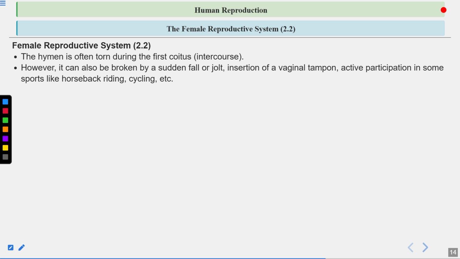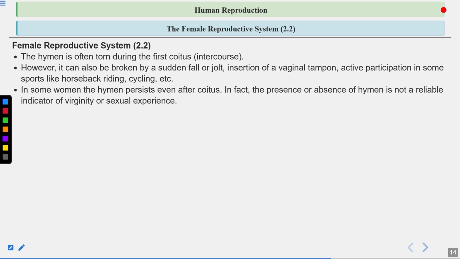However, it can also be broken by a sudden fall or jolt, or insertion of vaginal tampons. Vaginal tampons are used by females during the menstrual cycle because there is bleeding during the menstrual cycle. It can also break due to active participation in some sports like horseback riding, cycling, etc. So because of all these, the hymen can break. Okay.